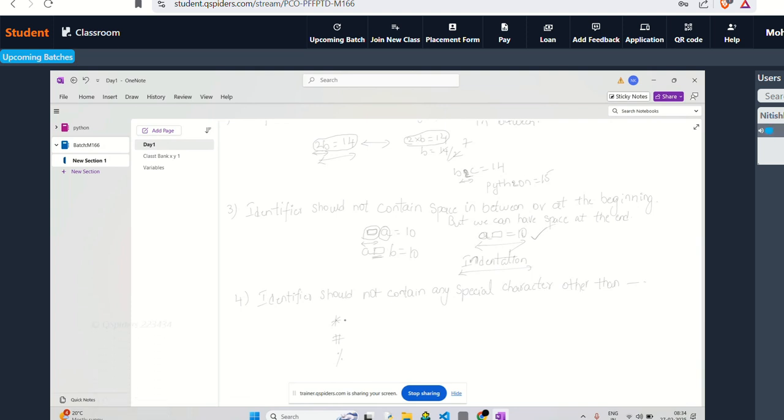Why? Because each and every special character has a specific functionality. Consider star. What will star do? It is used for multiplication. And asterisk is used for commenting purposes.